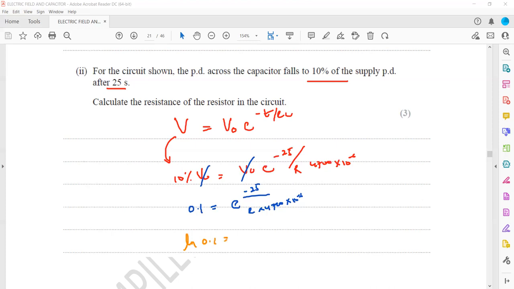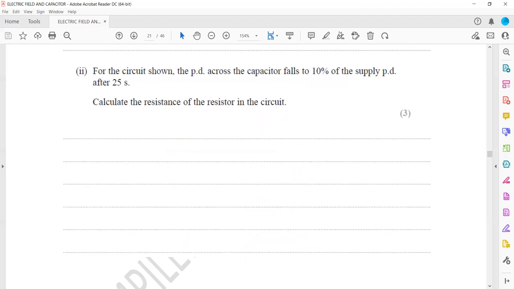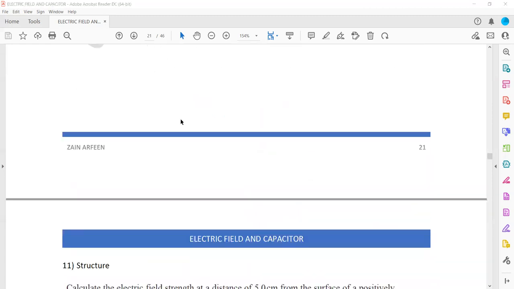So ln 0.1 equals minus 25 divided by R into 4700 into 10 to the power minus 6. When we simplify to get the value for R, that will be 2300 ohms, because R is multiplied and ln 0.1 goes in division. So it gives us 2300 ohms of resistance.